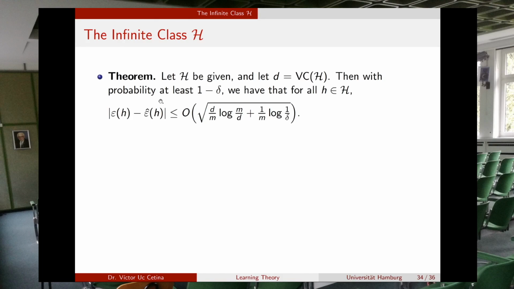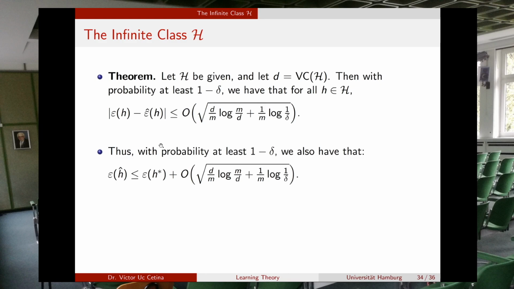Again, we are seeing here the generalization error and the empirical error, and it says that the difference between these will be upper bounded by a complexity of this expression, in which we see logarithms of m divided by the VC dimension.